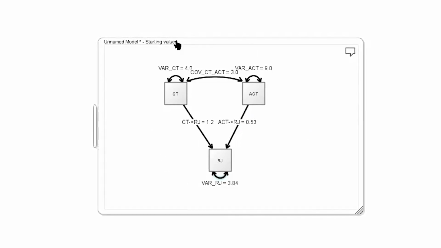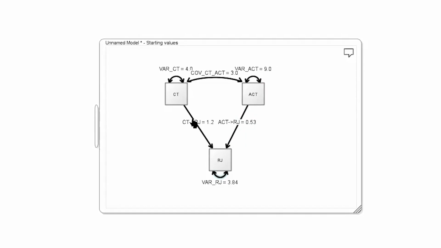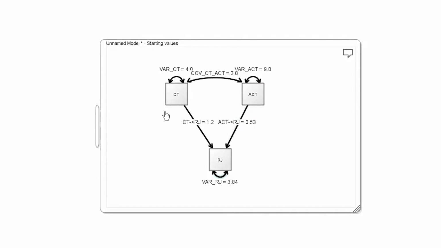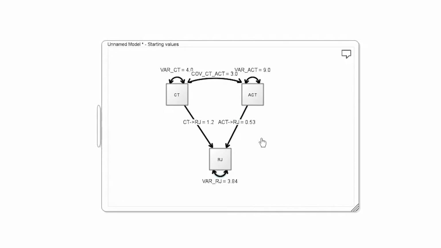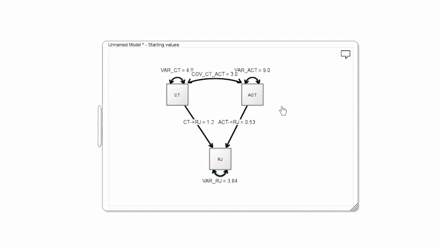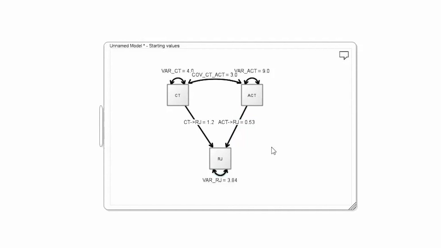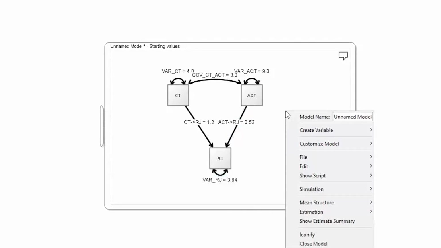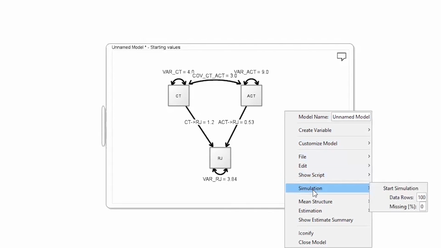I haven't made any decisions about what the means of the variables are because maybe I'm only interested in the statistical significance and the properties of my data in deviation score form. Now comes the fun part. Because I've specified the structural model, I can right-click on this and select the Simulation tab.